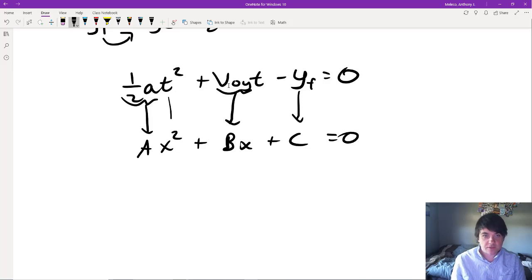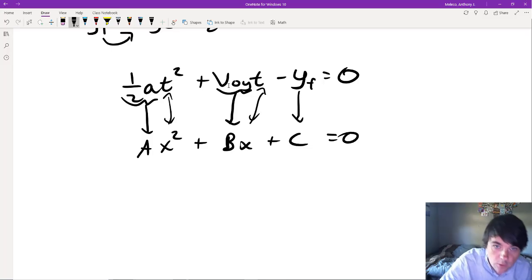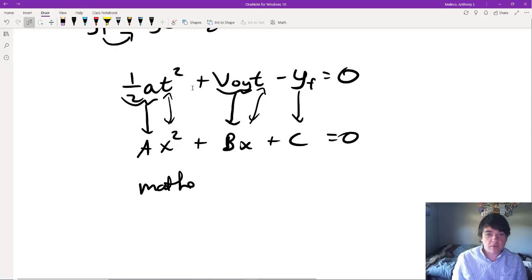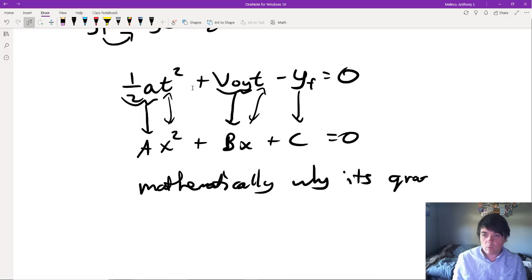Whereas time serves as our variable that we're solving for. So this is mathematically why it's quadratic. I can't spell this in my life, man. Okay, quadratic.